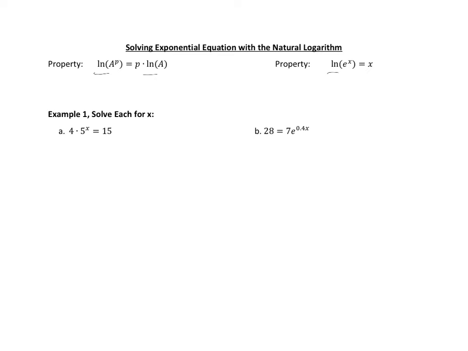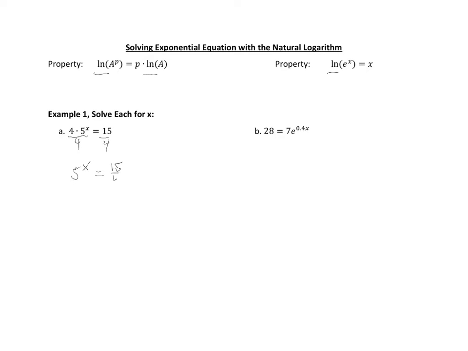So the first thing I notice here is, okay, we can use division. So what we get is 5 to the x equals 15 over 4. We can actually just leave that as a fraction. We're going to let the calculator in a little bit help us out, and you'll see why I'm saying that in a minute.